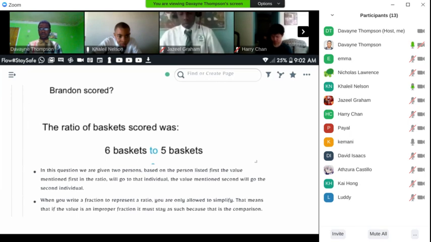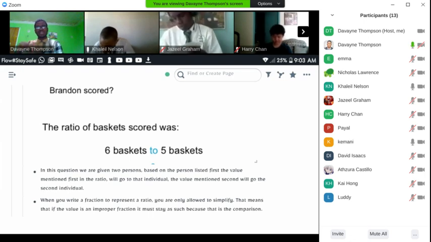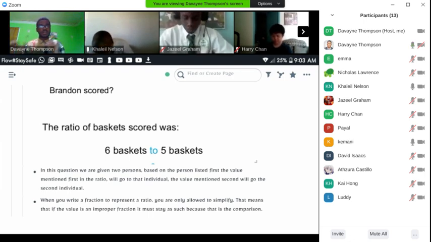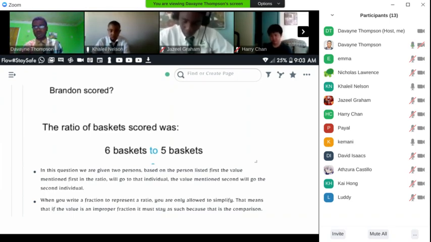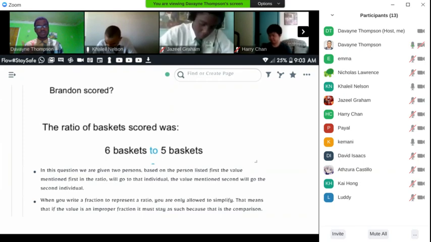Okay, so in this question, we're given 2 persons. The first bullet point explains why we say 6 baskets to 5, based on the position of the persons or values mentioned first. The value mentioned first will go to the person listed first.